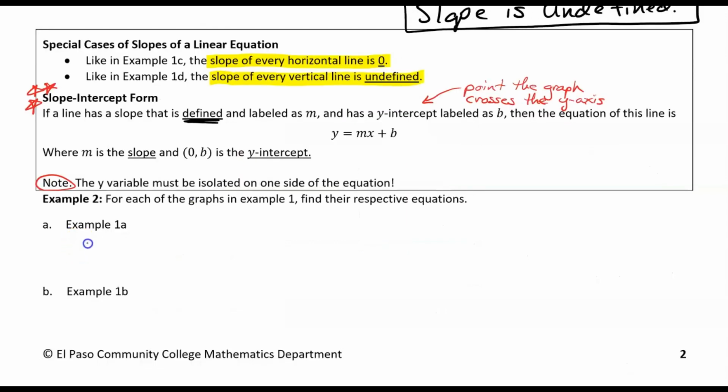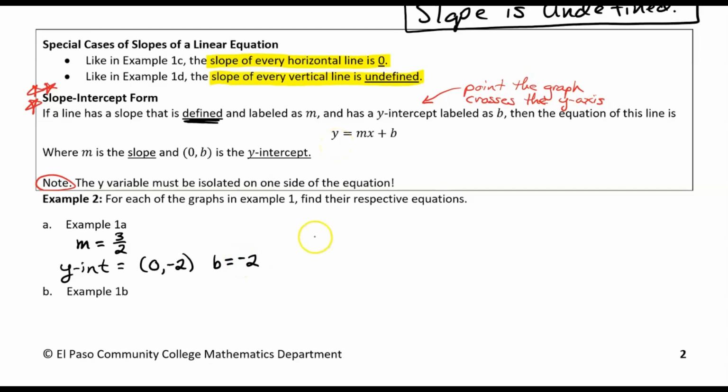We have m, that's our slope, is 3/2. And our y-intercept, abbreviate intercept int, is (0, -2). So with that, we can say that our b value, following our definition, is 0 for x and the y value is the b, so we have -2.